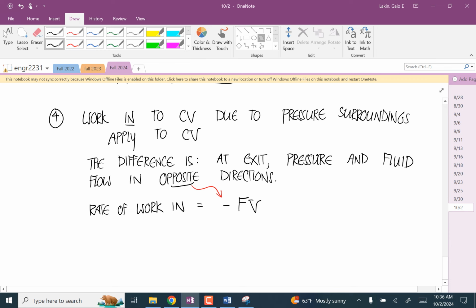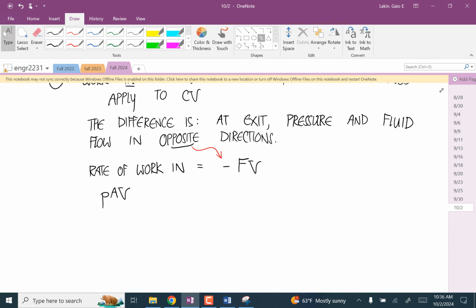And then we can replace the force with the pressure times the area. And then we can replace the speed, keep that negative sign there.